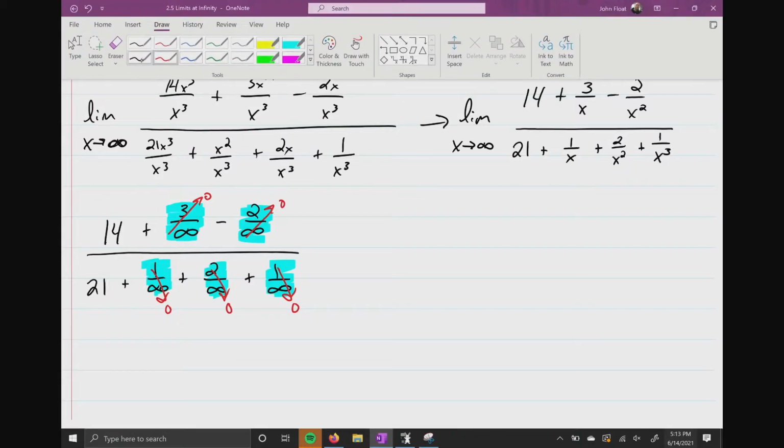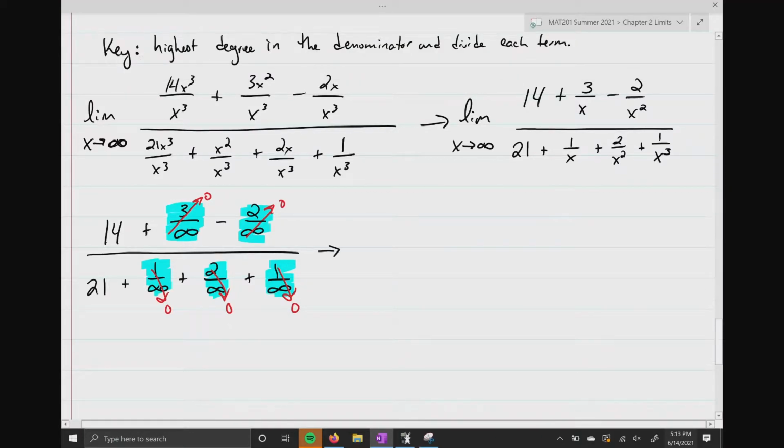So what you're left over with is 14 over 21, which is 2/3. So the limit as x approaches infinity of 14x to the third plus 3x squared minus 2x, all divided by 21x to the third plus x squared plus 2x plus 1, is 2/3.